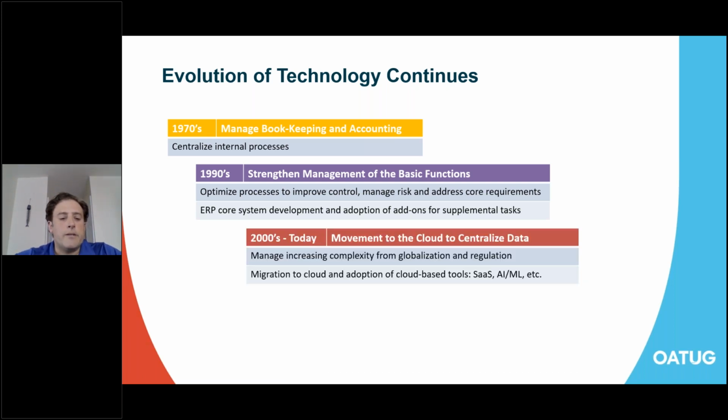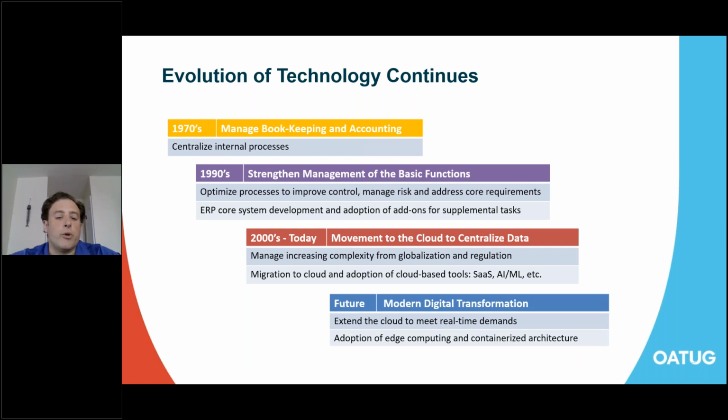Starting in the 2000s, you started to see movement to the cloud. This was for the purpose of centralizing data and managing complexity as companies moved to expand globally, and migrating to the cloud helped to adopt cloud-based and SaaS-based tools to help for ease of use and management.